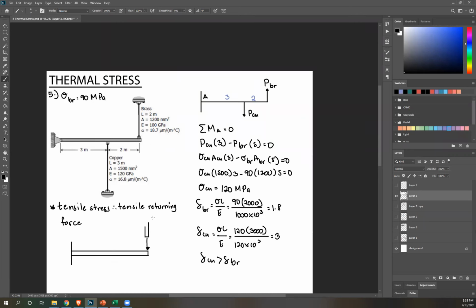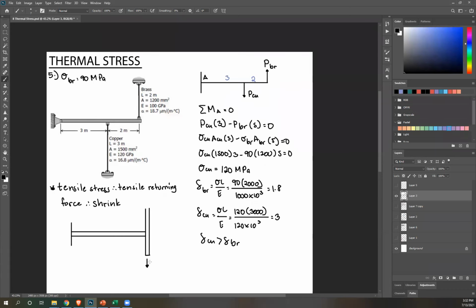We've already figured out that in order for brass to experience a tensile force, it needs to shrink first. Okay, because if it elongates, how will it experience another tensile force to put it back to its original position? No, the force to put it back would be compression. Okay, so that's how we figured out that it's shrinking.